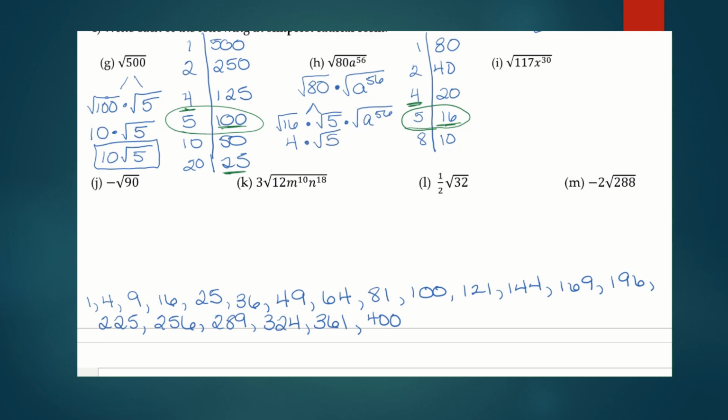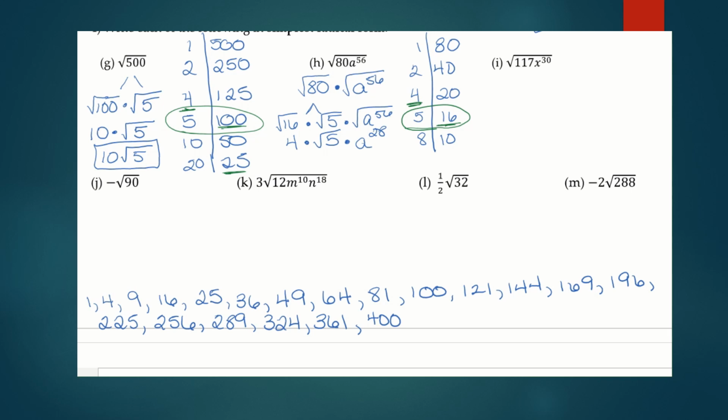Now the square root of a to the 56th power. Remember, whenever we have a variable raised to a power and we're square rooting it, the trick is to cut the exponent in half. So 56 divided by 2 gives us 28. So this is going to simplify to a to the 28th power.